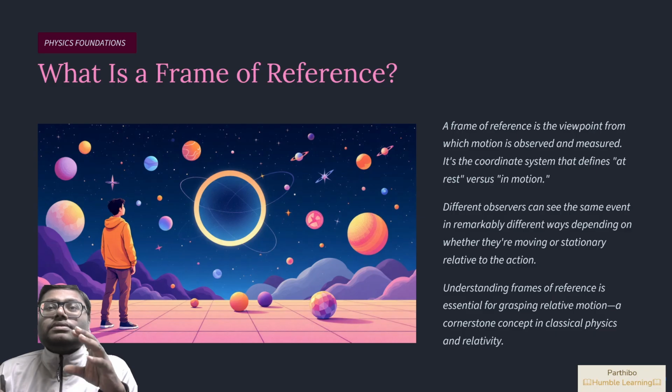For example, we are living on earth, so in most cases we take earth as a frame of reference. Whatever motion we observe in the sky, we always observe that motion with respect to the earth.